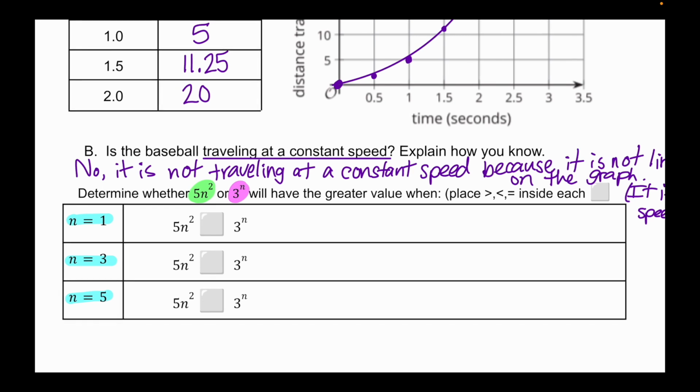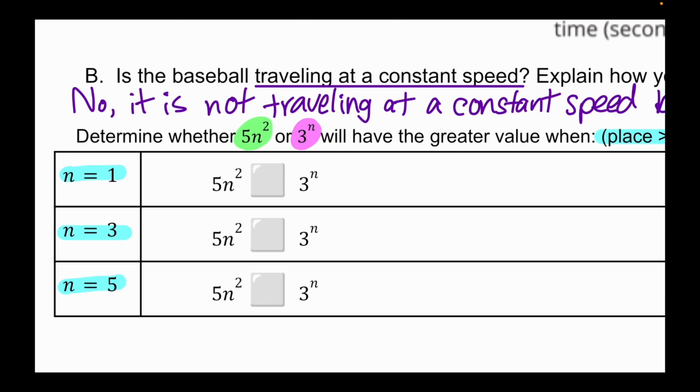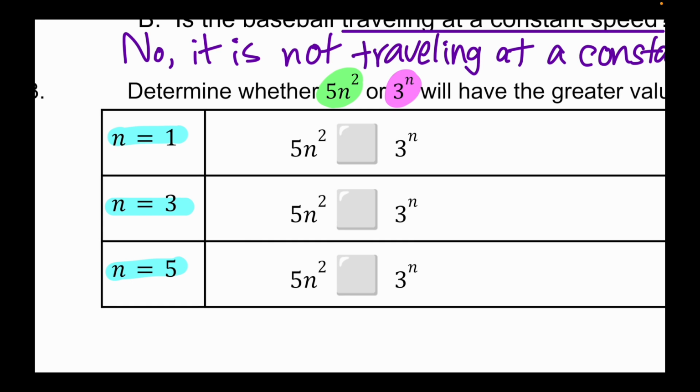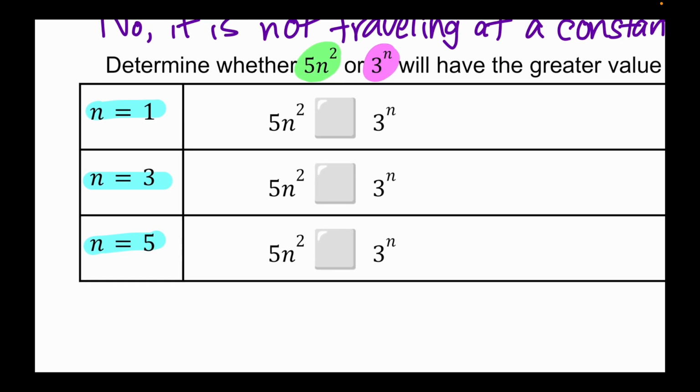And we are going to place a greater than, less than, or equal to inside each box. So that's our instructions. I'm going to zoom in a little bit here so we can maybe see my handwriting a little better. And we're going to evaluate each of these. Now you can use a calculator for this if you want. It's always a good idea.